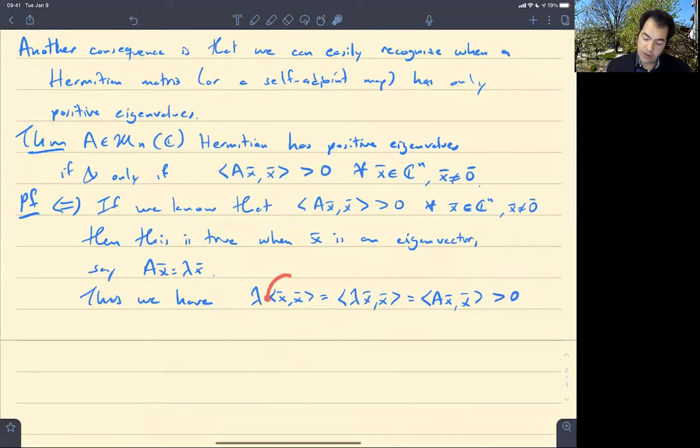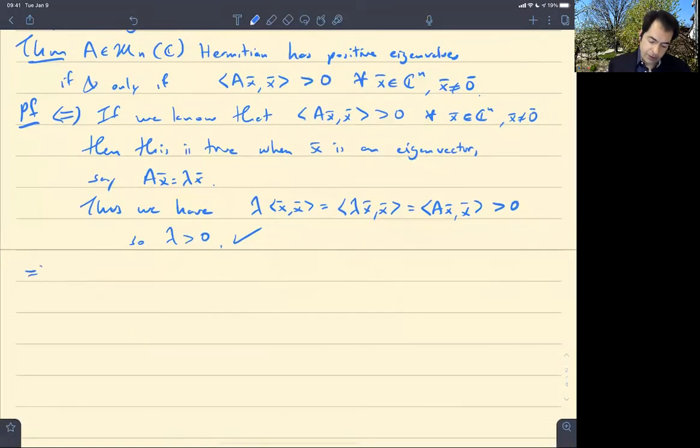And since this is strictly positive, as long as X is not 0, which it is not because it's an eigenvector, then this product will be positive precisely when lambda is positive. Right? So that takes care of that direction.